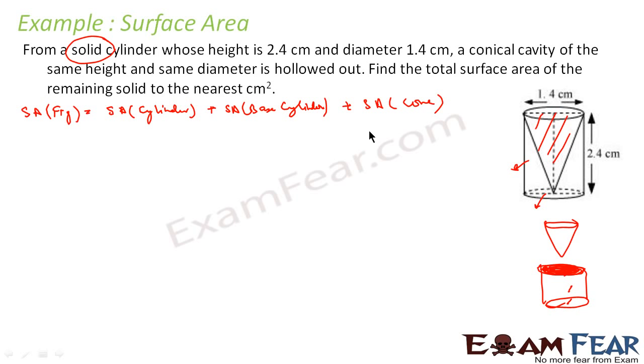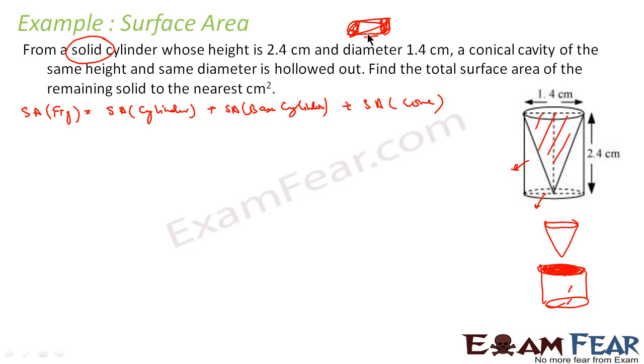See, if you are given one solid cylinder like this and told to find its surface area, it will be the surface area of the curved surface plus the surface area of this circle and this circle. That is the total surface of this solid cylinder. Correct? Here this part is gone, here we have put the cone. So in this case, the surface area will be the surface area of this curved surface plus the surface area of the base and the surface area of the cone.